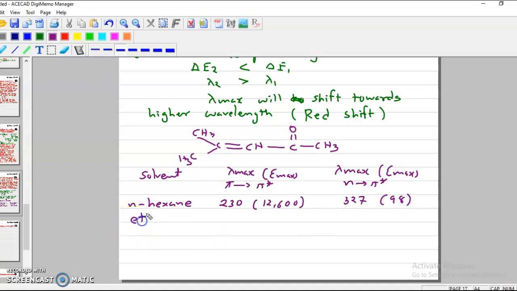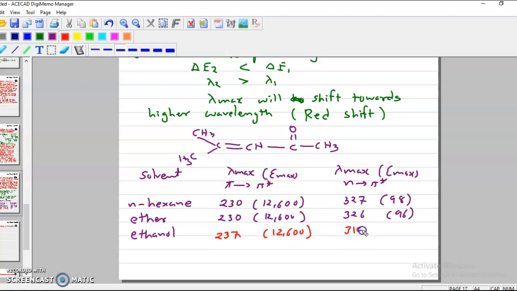Ether is also a non-polar solvent, so lambda maxima remains the same, 230, epsilon also the same. Here it is almost the same, 326. But if you use ethanol, a polar solvent, you will find some change. 237 with 12,600 epsilon maxima.